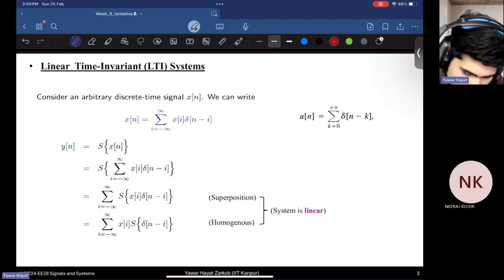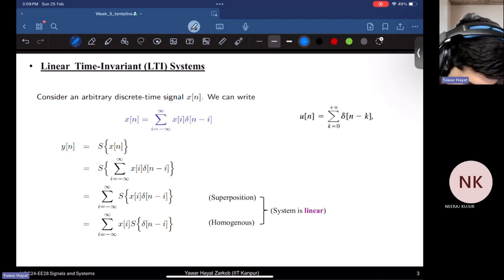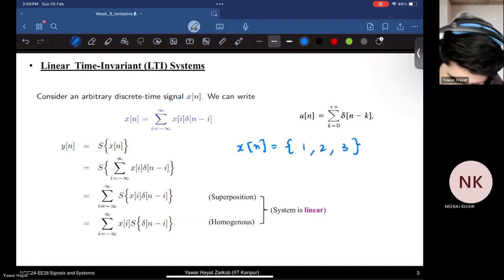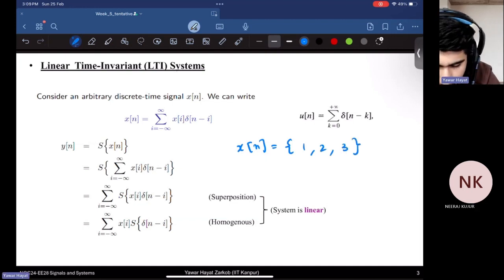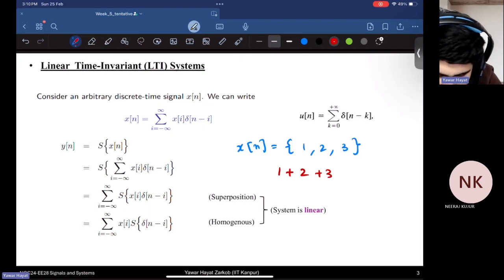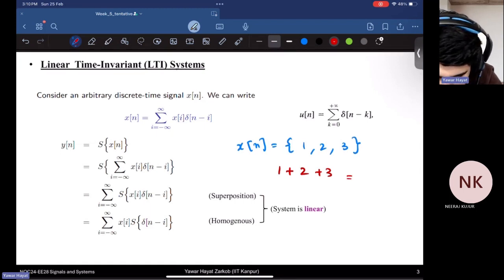Okay, I got your point. Maybe you're confused with this part. Say x of n is 1, 2, 3. You're saying that I'll sum over the entries, and this would be a number: 1 plus 2 plus 3 is 6.